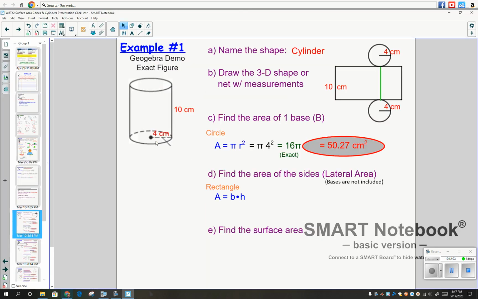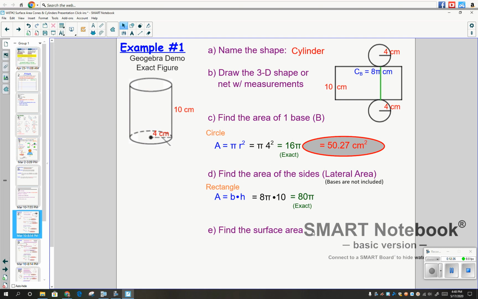So if my circle has a radius of 4, the circumference is diameter times pi. If the radius is 4, the diameter is 8, so it's 8 pi. So that length is 8 pi. So when I do it, it's 8 pi times 10. Again, if I want to find the exact, I would just multiply the numbers. 8 times 10 is 80.